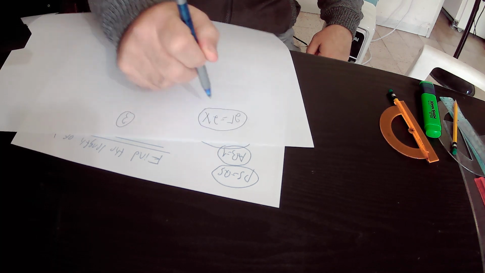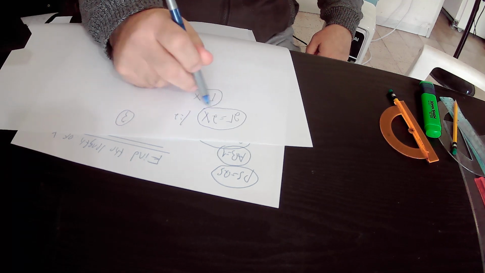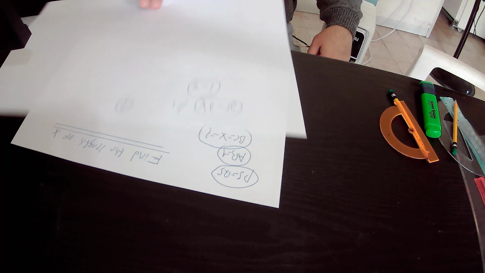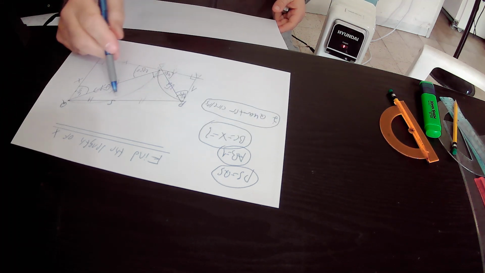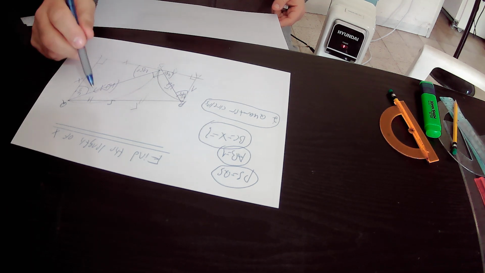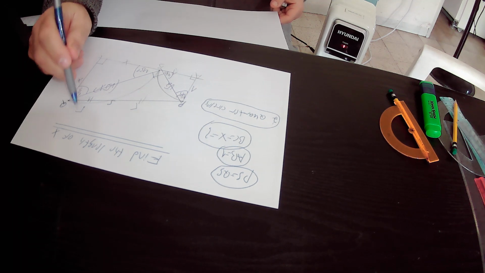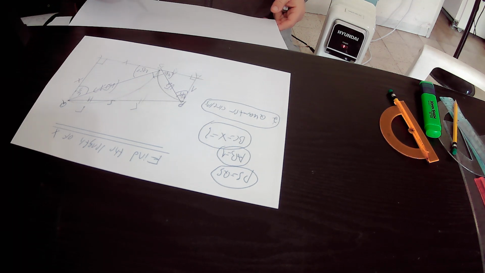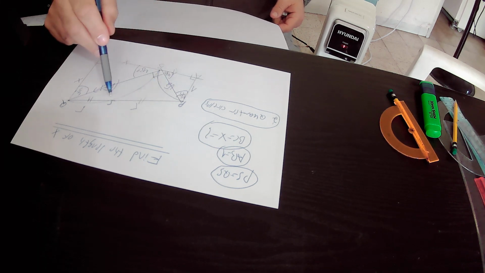Here we divide this equation by 2, and finally we get that R equals X. So PS, that is X, equals R, and SQ, that is also X, equals R. So QS equals R, and PS equals R.